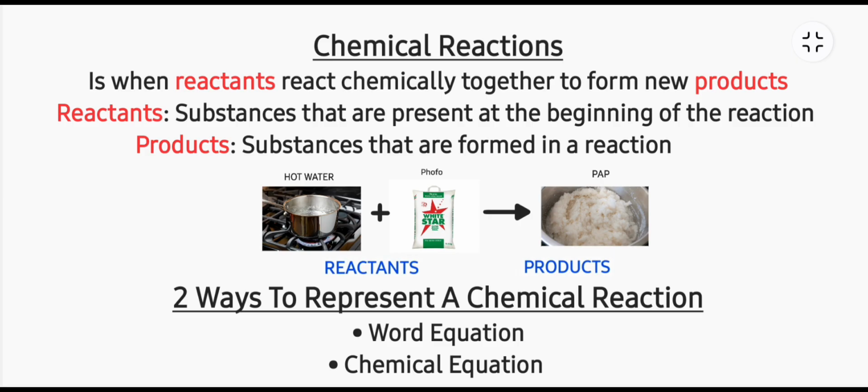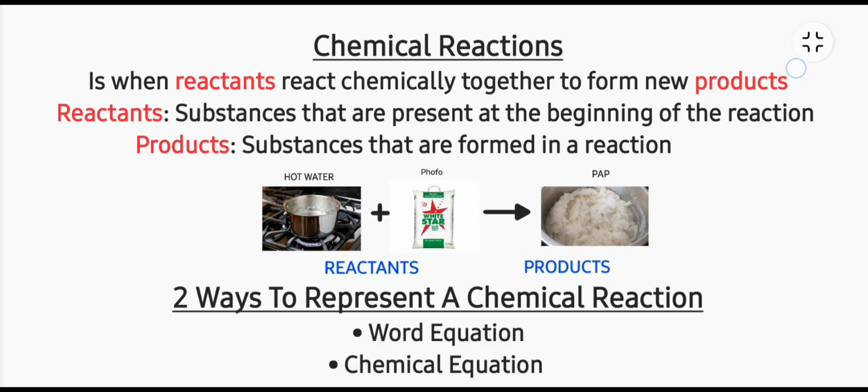That's when I will say H2 plus O2 gives me H2O. So in that way it will be a chemical equation. So word equation ke mo re tlo bua ka mantswe. Chemical equation, that's where we will write using symbols.